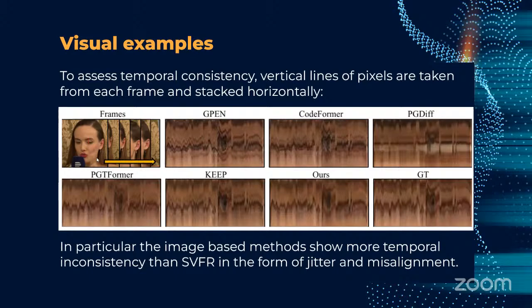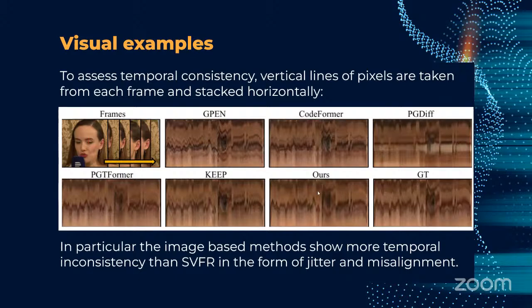What is going on here is one takes from each frame of a given video a vertical stack of pixels like this. And then these vertical stacks are aligned horizontally next to each other, which leads to these very blurry looking images. And from these images, we can then see if the restored video is actually continuous in time.